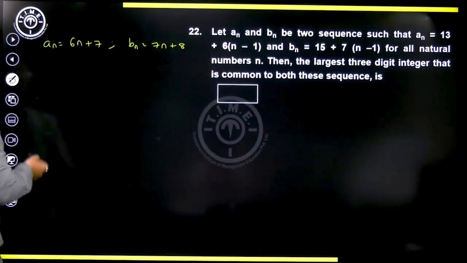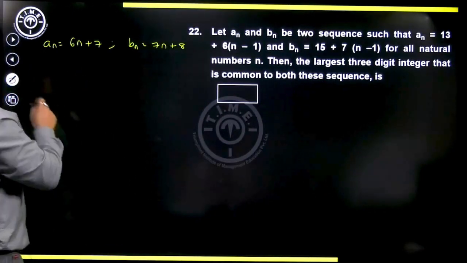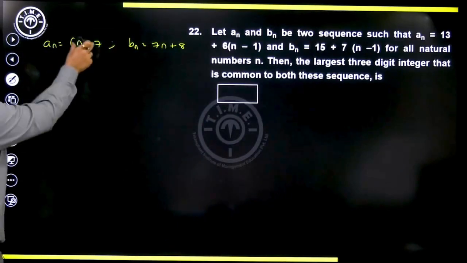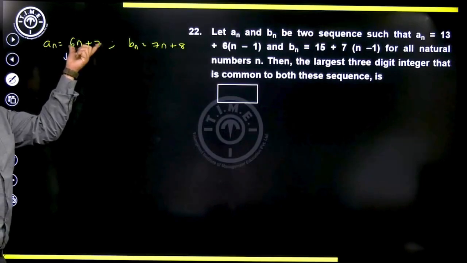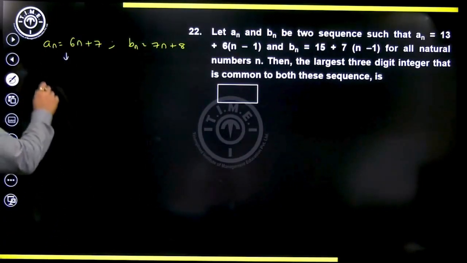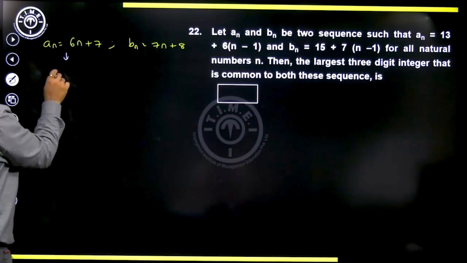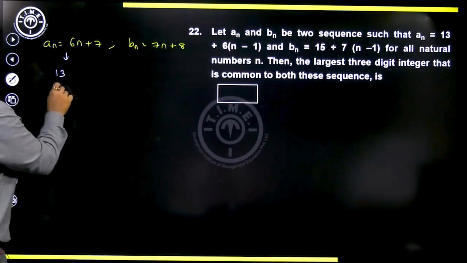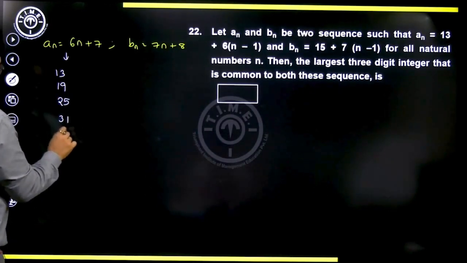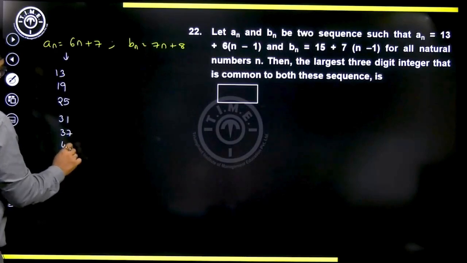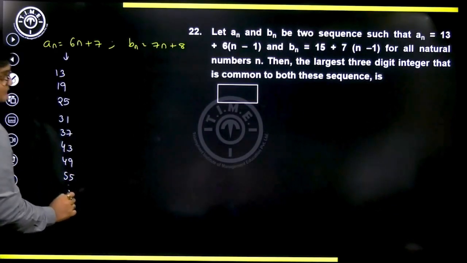So here, if we want a common term, how do we find it? Please note, I need to write down a list here. In this case, this will be an AP because the nth term is linear in n. The first term will be 6 into 1 plus 7, 13, then 19, 25, 31, 37, 43, 49, 55 and so on.